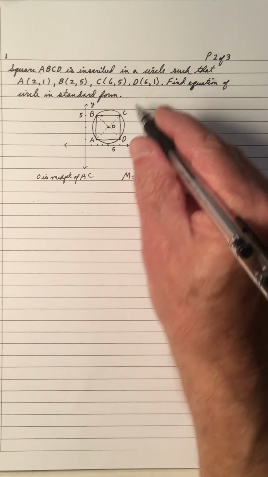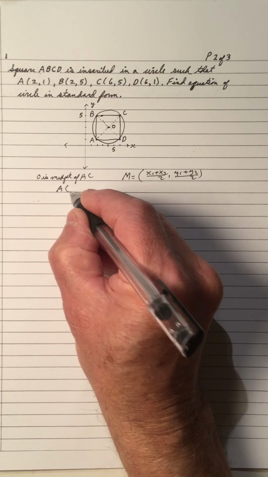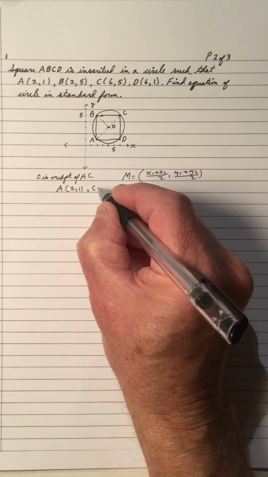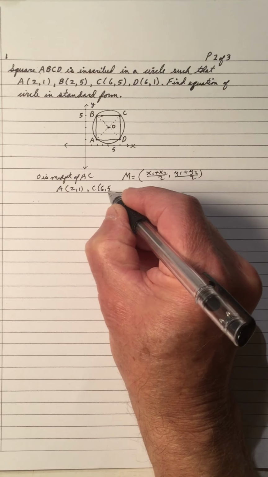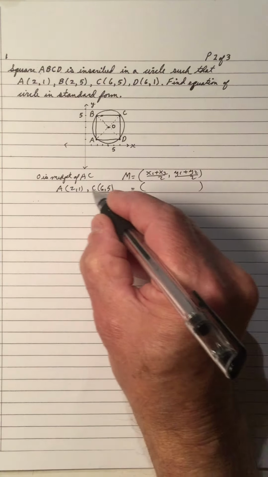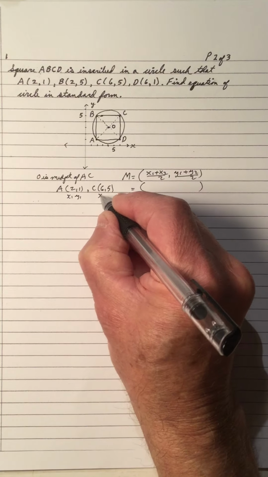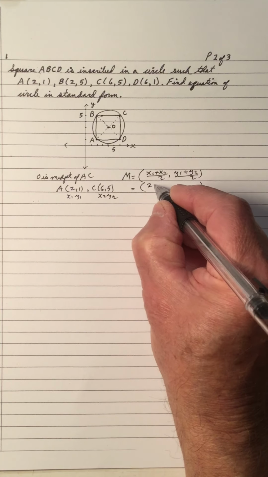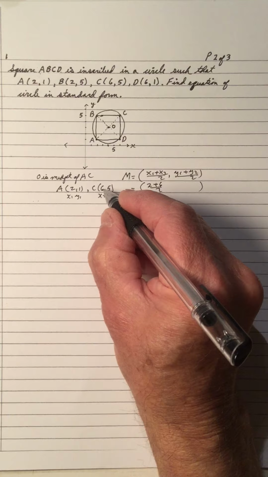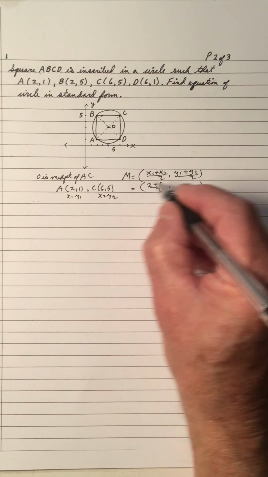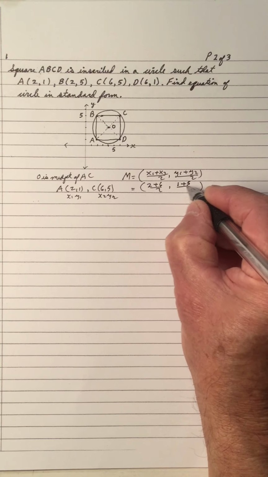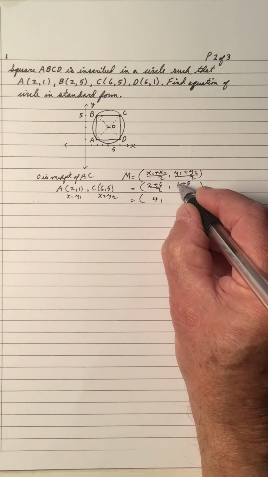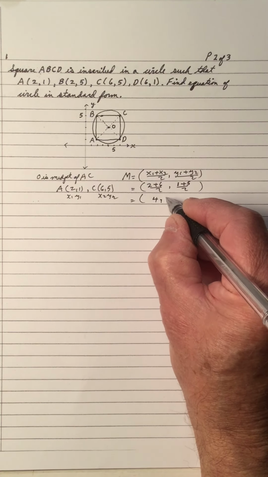The midpoint of A (2, 1) and C (6, 5): we sub them in, x1, y1, x2, y2. 2 plus 6 over 2, and 1 plus 5 over 2. 8 divided by 2 is 4, and 6 divided by 2 is 3.